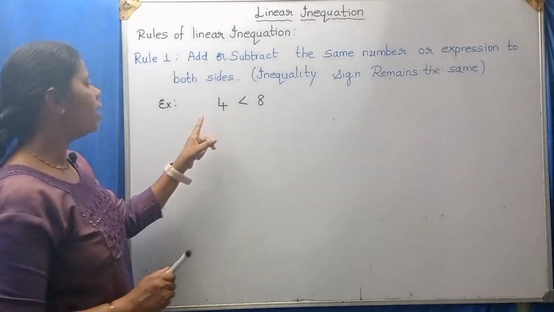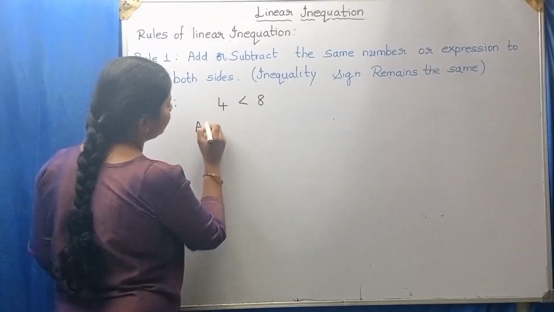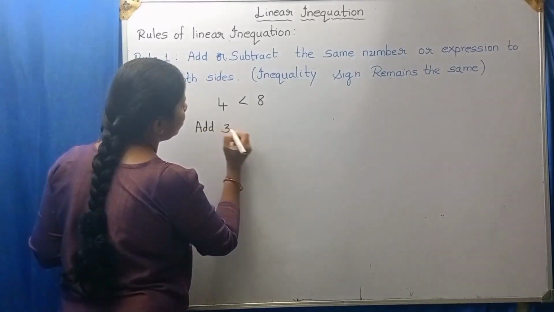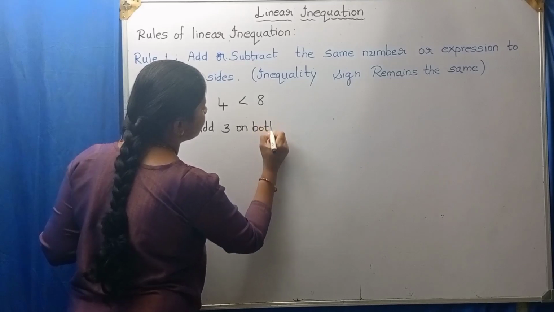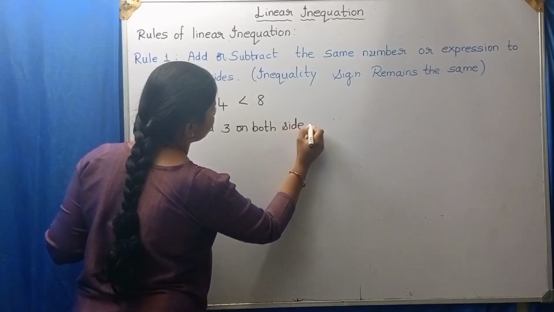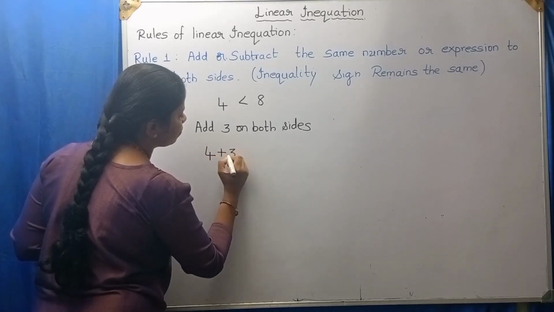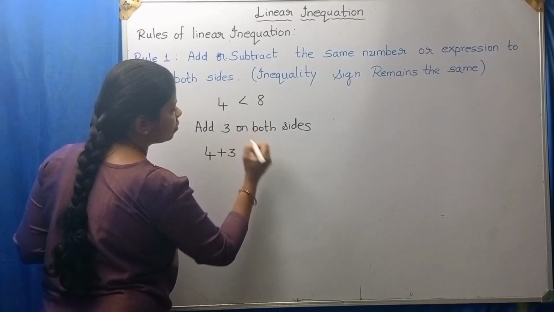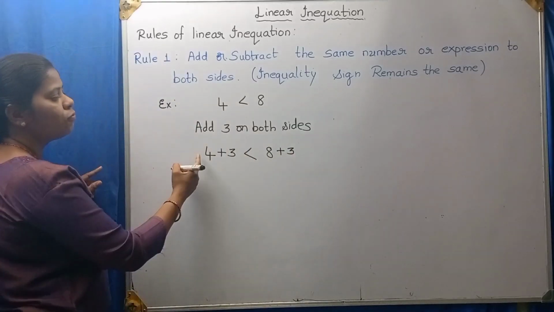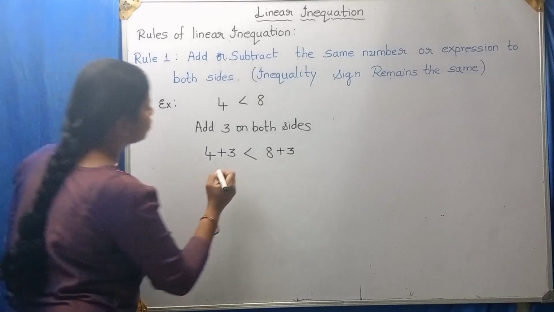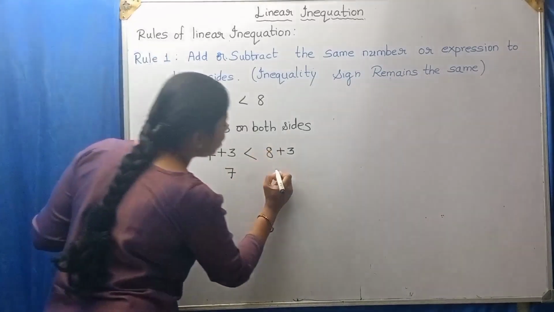Here, I am adding plus 3 to both the sides. 4 plus 3 is 7. 8 plus 3 is 11.